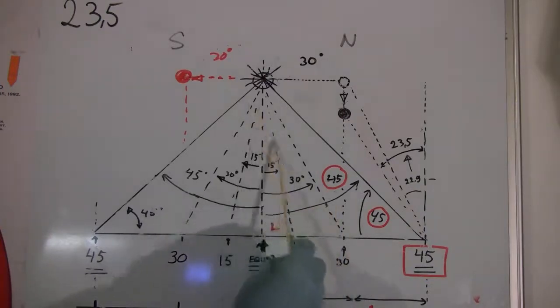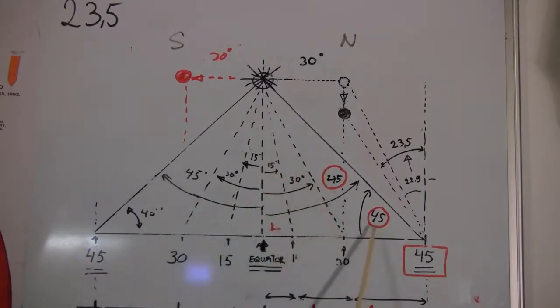But when the angle measured from the sun is 45 degrees and we are at latitude 45, we also measure 45 degrees. That is why this is very important, the latitude 45. Because the equator is the 0 and the latitude 45 is the latitude 45.